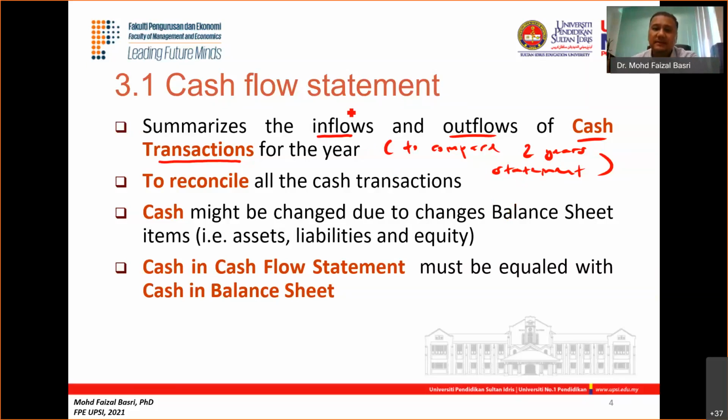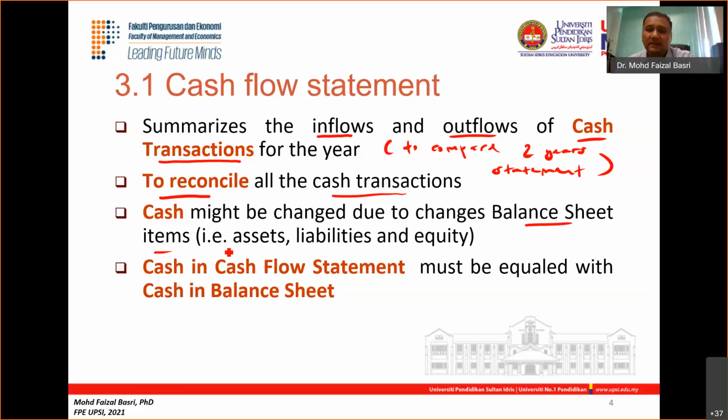And the purpose of this cash flow statement is to reconcile all cash transactions, just to take into account every cash movement of that particular company. We want to make sure everything will be recorded under the cash flow statements. And how do we get the cash transactions? Usually, we will check the changes in the balance sheet items.